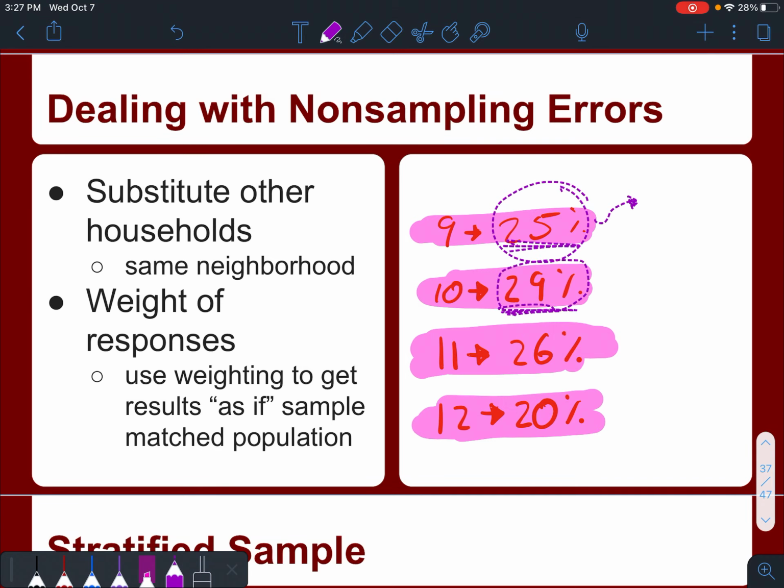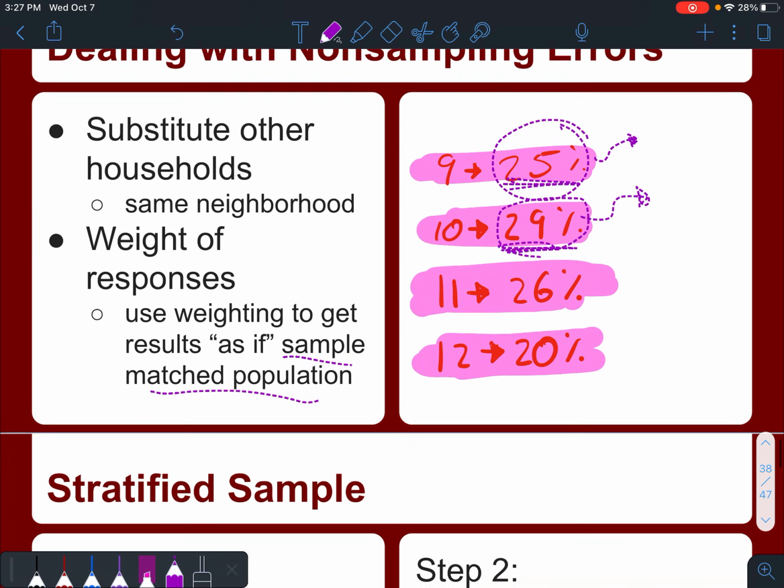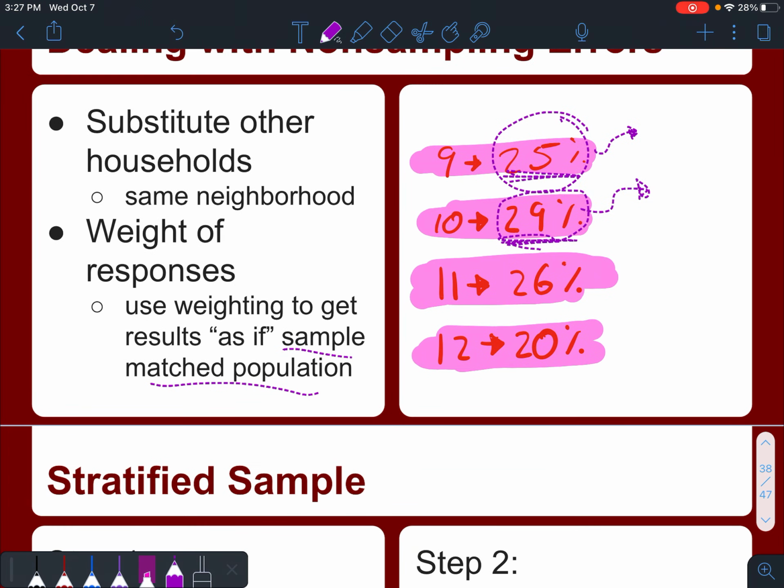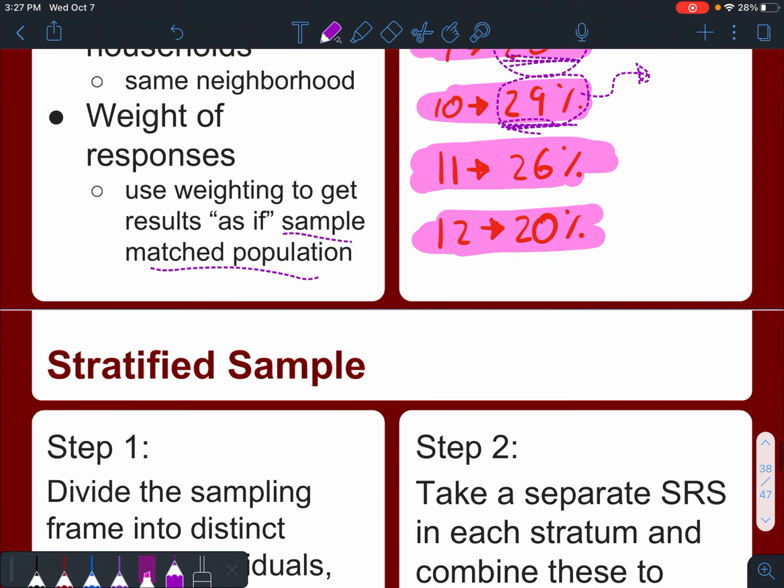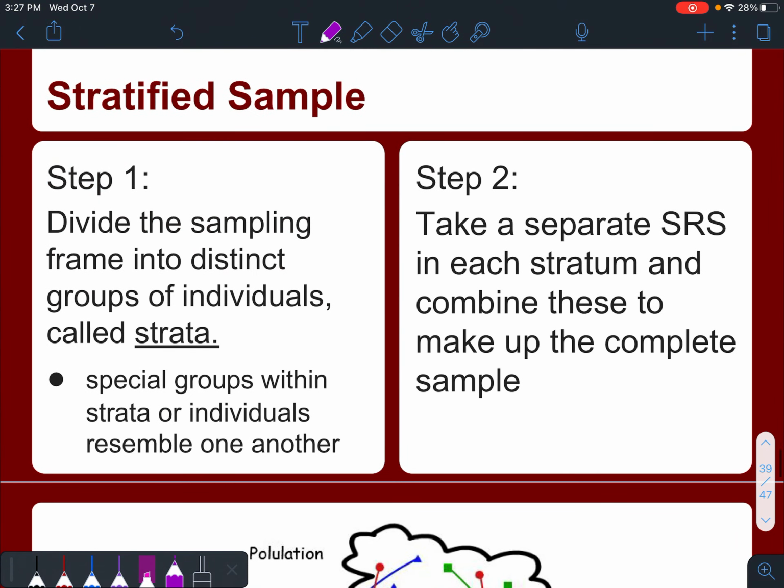Likewise with 10th graders, we could weight them at 29%, as if the sample had 29% 10th graders. So we can sample based on some other things, or we can weight based on other things.